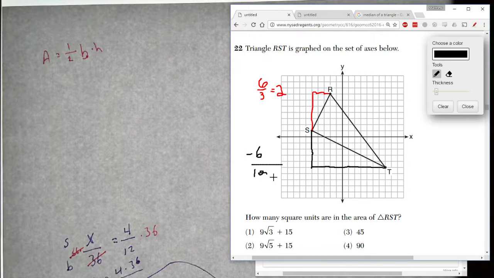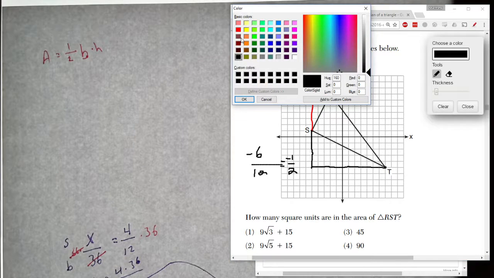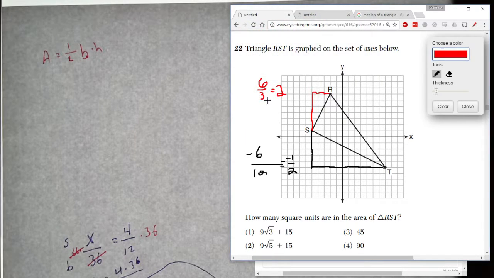Well, this is the same thing as -1/2. Notice that this red one up here, 2, I can write it as 2 over 1. And then I see that this line, RS, is perpendicular to this black line over here, ST, because the slopes are negative reciprocals of each other.